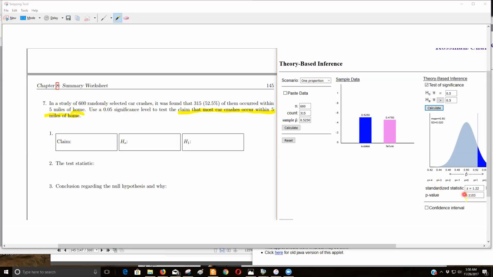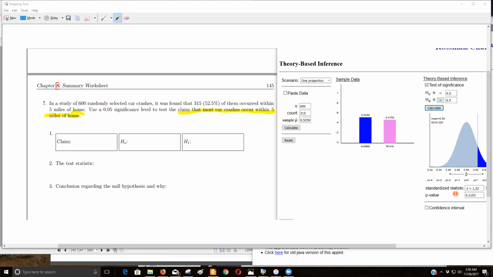This says the probability of getting a sample result of 600 cars, where that proportion of the car accidents happened within 5 miles of home, is around 11% of the time we'll get a sample with that kind of result. So, which isn't really that unusual, right?